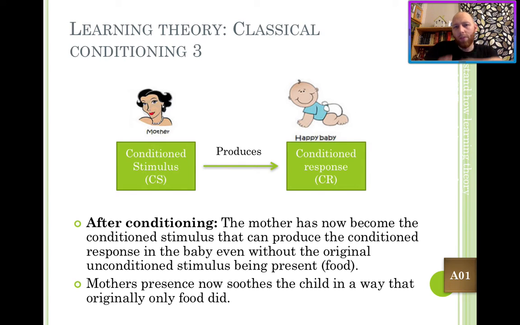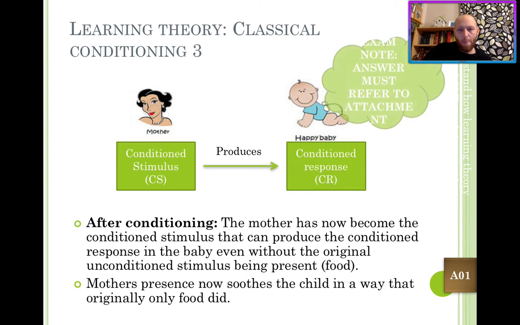And what's more, the pleasure that the baby would originally have got from feeding is now provided by the mother, and this can be generalized to other situations. So when the baby hurts itself and the mother picks it up, it can generalize the idea that mother means satisfaction, mother means removal of pain, and therefore mother means comfort. So the mother's presence soothes the baby in a way that originally only the food did.